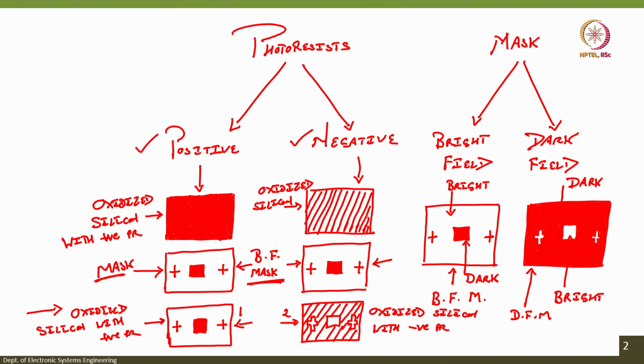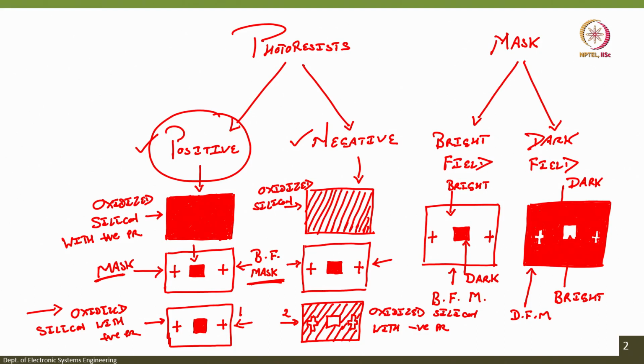What do we understand from this? Can you see what we understand from this? That if you use positive photoresist, then the area which is exposed gets weaker. You see positive photoresist, the area which is this area, when you use this mask with this oxidized silicon wafer with positive photoresist, the area which is exposed gets weaker, right.